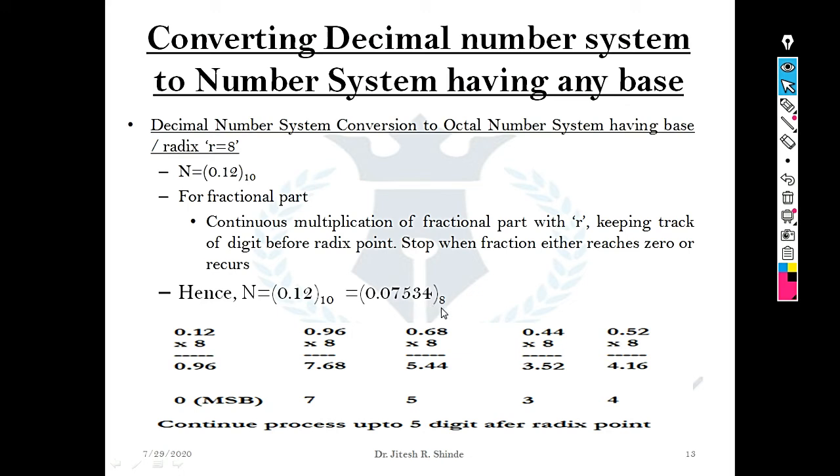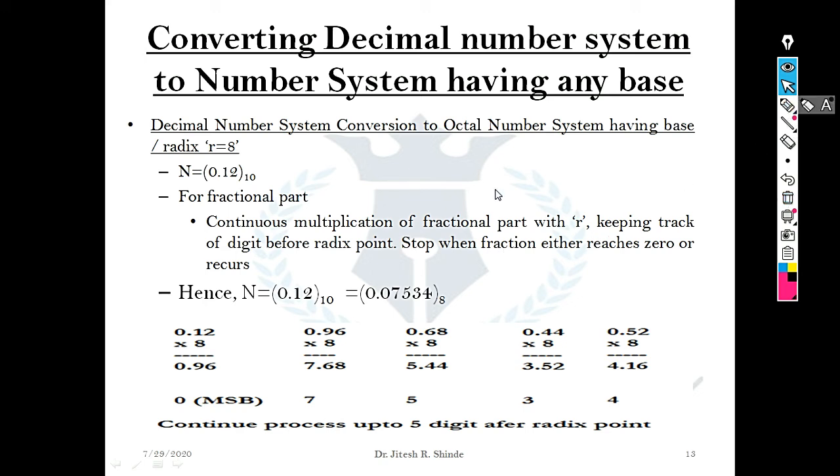I kept in mind where I need to stop. We need to continue the process up to 5 digits after the radix point if the fractional part is neither recurring nor becoming 0, and after that you can stop. The precision up to this is also accepted in the examination.